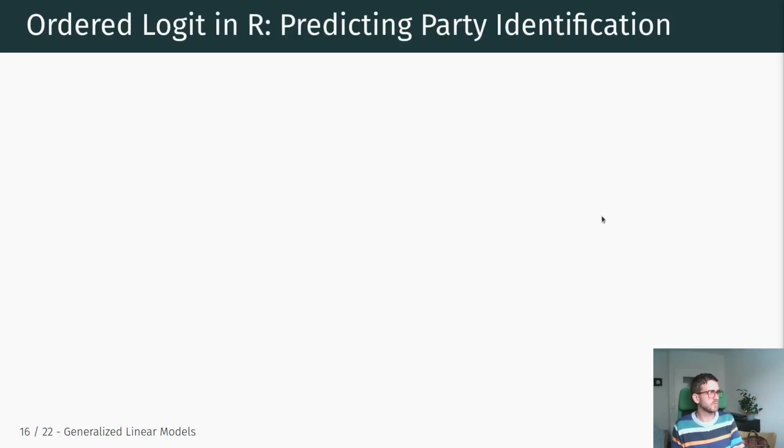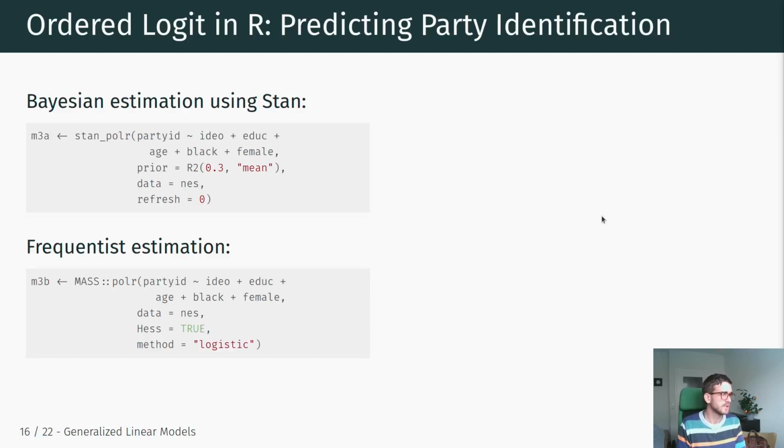All right. So how do we do this in R? Again, using our example of predicting party identification. If we use Stan, and if we want to do this in a Bayesian framework, we can use the command stan_polr. It's not stan_glm, but stan_polr, for polytomous, so multiple outcome regression, basically.